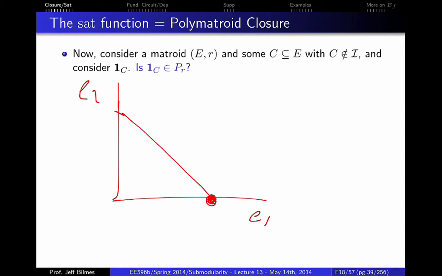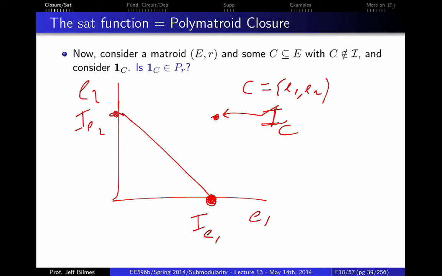And this vector is the incidence vector of 1 of E1. This is the incidence vector of 1 of E2. But now if we take C, which is, say, if C is equal to E1 and E2, then this guy is equal to 1 of C. So that obviously is not a member of this matroid polytope here, right?